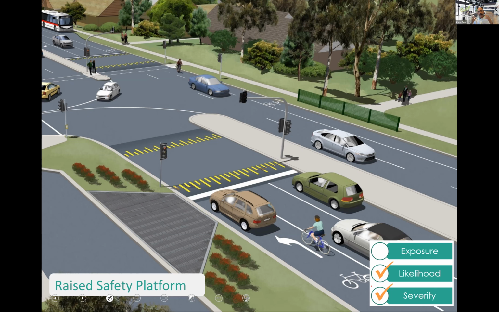And they said, what about these raised platforms? What about slowing vehicles on the approach? And why would they only raise this bit and this bit and not the whole thing? Well, these are the bullet vehicles, aren't they? This vehicle going in and the vehicle coming out.